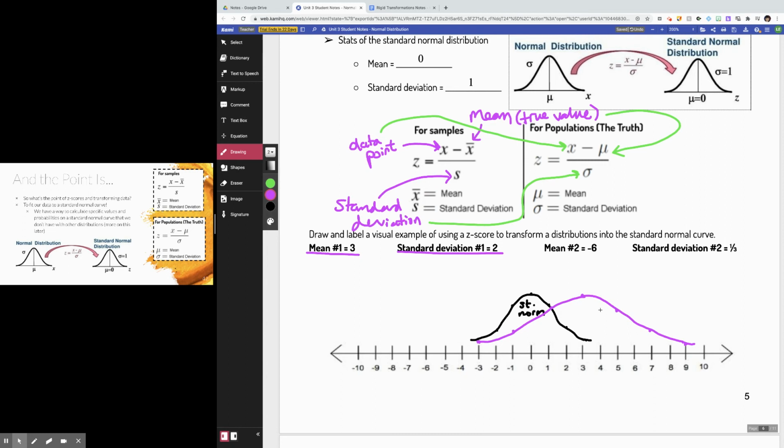My goal is to get this curve, the one in purple, to look like the standard normal curve. The first thing I'm going to do, and I'm going to change my color so it's in the same kind of family, but not quite. Remember when you're doing a z-score, the first thing you do is subtract the mean.